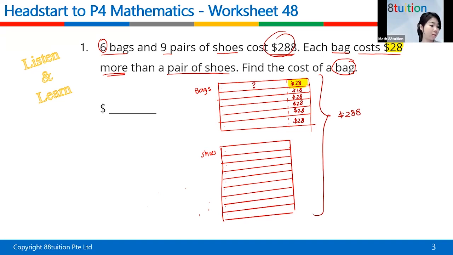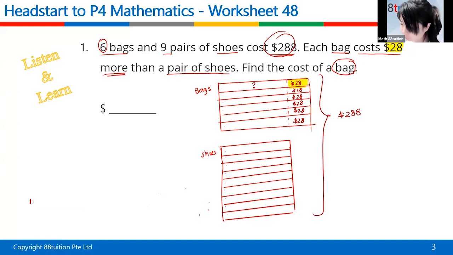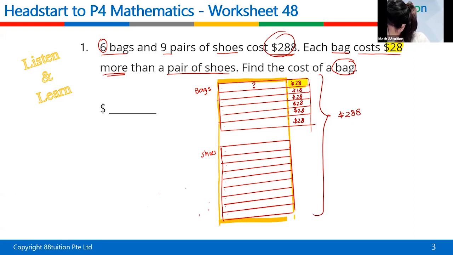How are we going to do that? So if you realize, let me draw your attention to something. If I were to draw an orange line down like that, do you see this long rectangle that I have drawn?